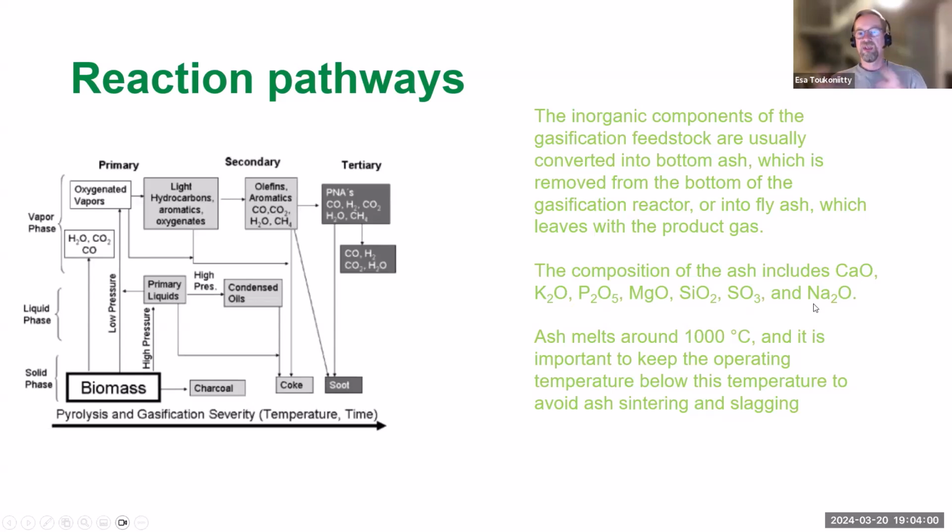These are in the biomass in some sort of salt or mineral form. And when you pyrolyze it, these will oxidize. So you notice that these are all oxides, products from combustion or oxidation. And these are inorganic materials, very high boiling point, melting point materials. So they'll remain as ash material in the pyrolyzer.